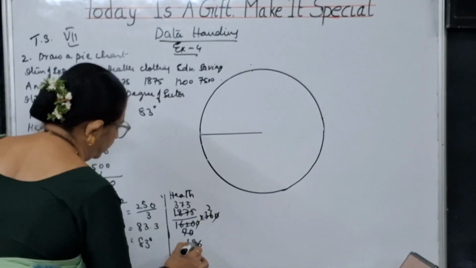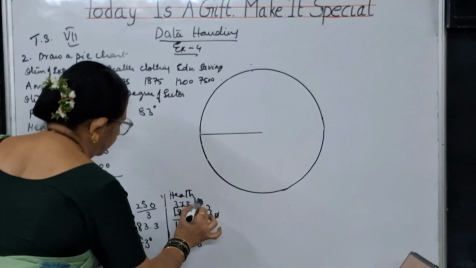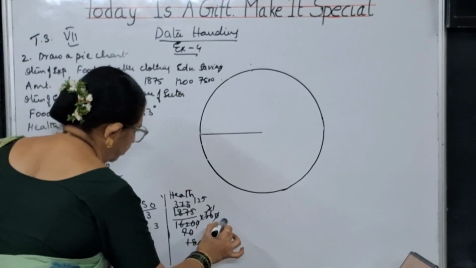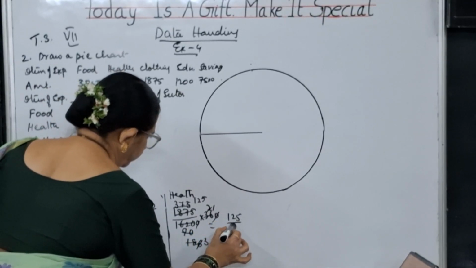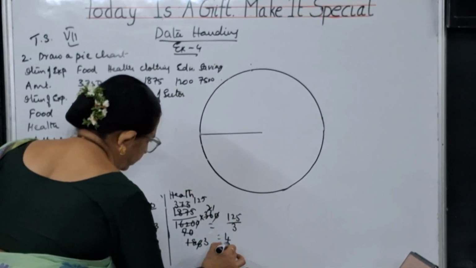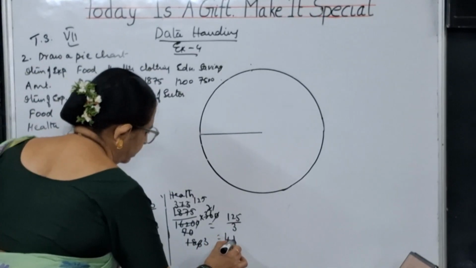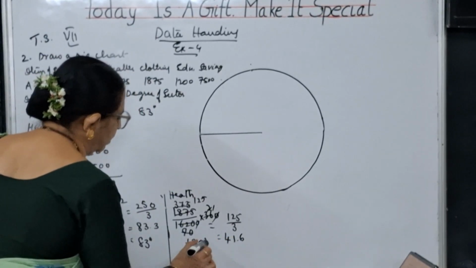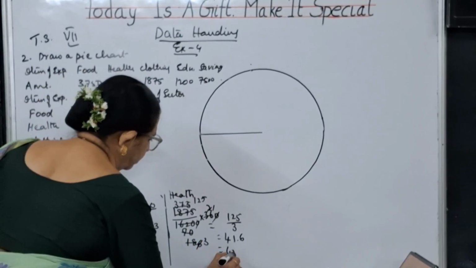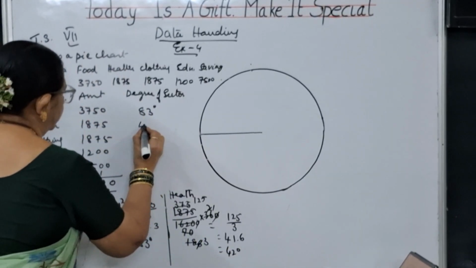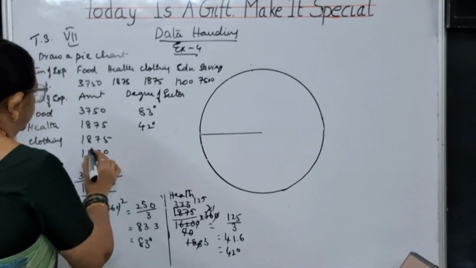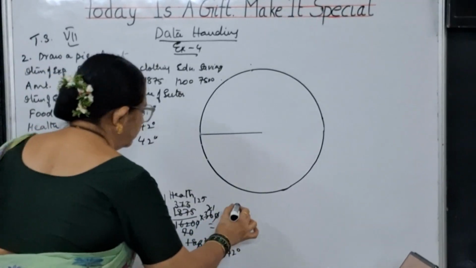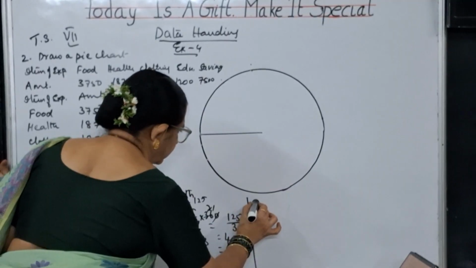So 3 sixes are, 3 ones are 3, twos are, 3 fives are. Again 2 ones are 2, threes are. So how much are you getting? 125 by 3. 3 fours are 12, 3 ones are 3, and 3 sixes are 18. It goes on like this. That means you can consider it as 42 degrees. So 1875 means 42 degrees. So this is also the same value, 42 degrees. Next, I should talk about education.